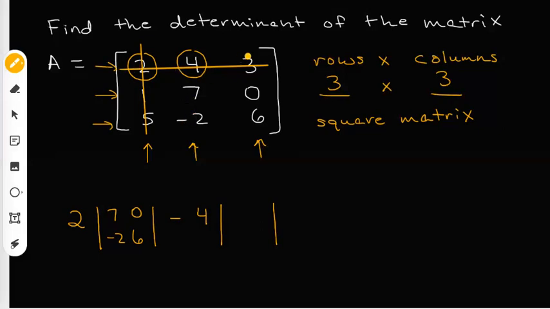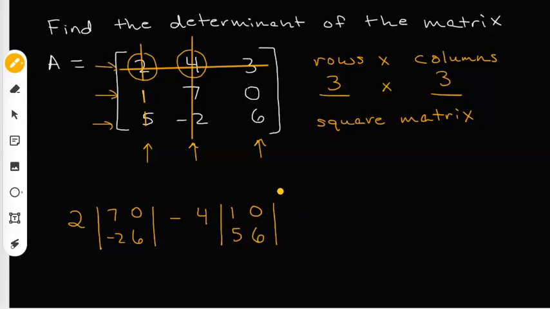Well, I mark out my top row and my middle column. So what am I left with after I do that? I'm left with a 1, a 0, a 5, and a 6. So I put those next to the -4.